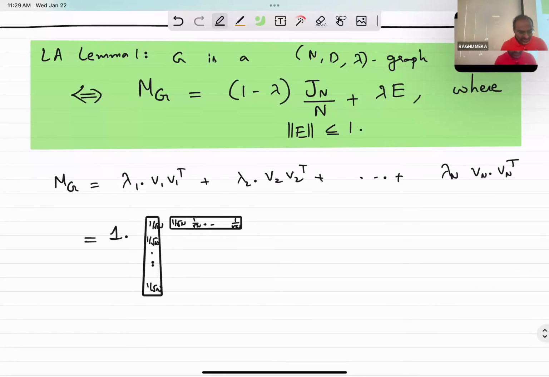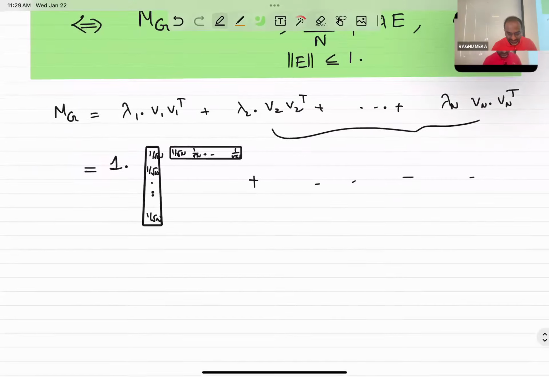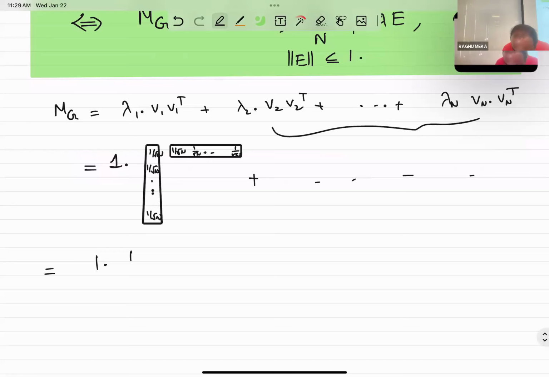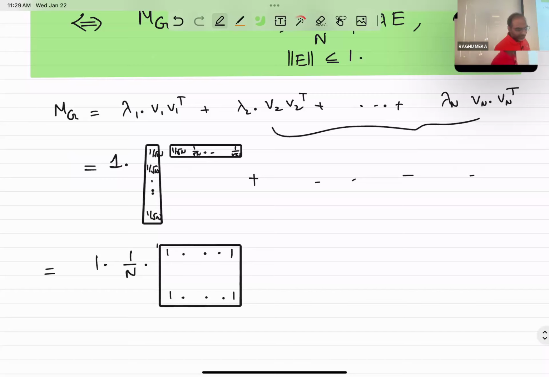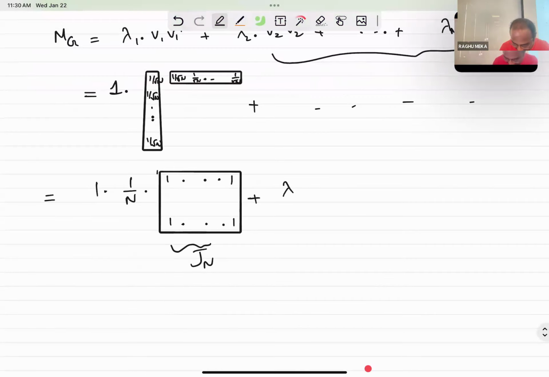And then you have all of this other stuff here. And I can think of this as 1 times 1 over n times the all ones matrix. Okay. And we'll call this Jn. Jn is just shorthand for the all ones matrix, which has n rows and n columns. Plus lambda 2 times V2 transpose plus so on, lambda n times Vn transpose.